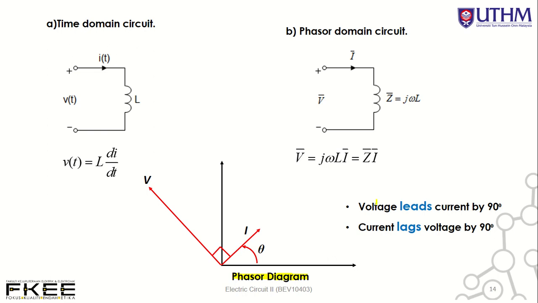From the previous analysis, voltage leads current by 90 degree for the L circuit, or in other words current lags voltage by 90 degree.